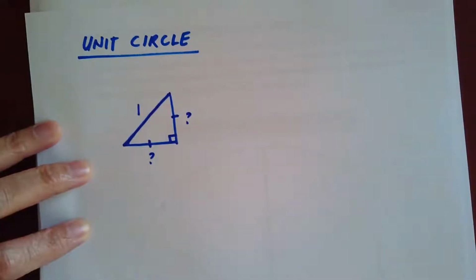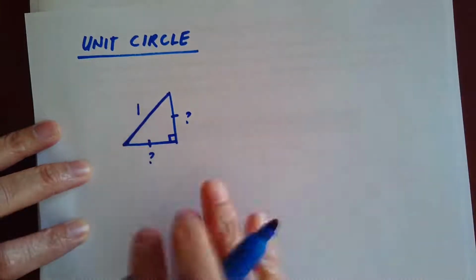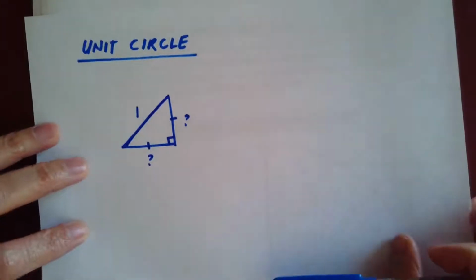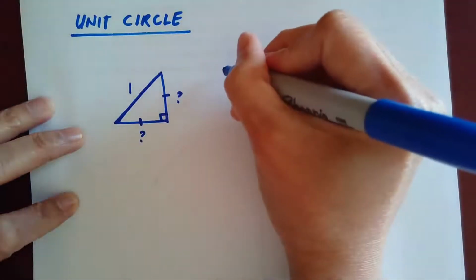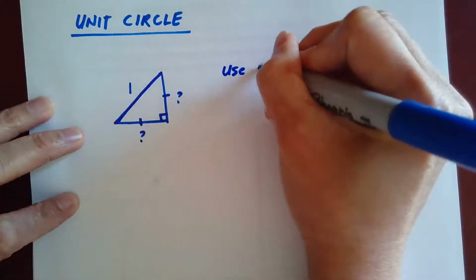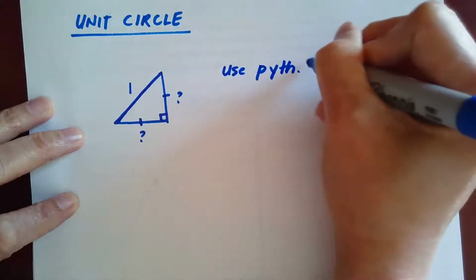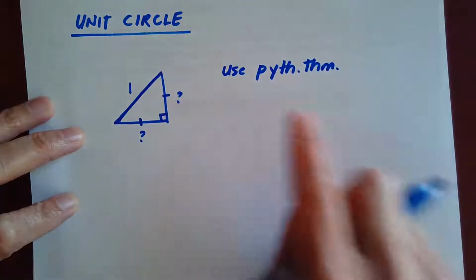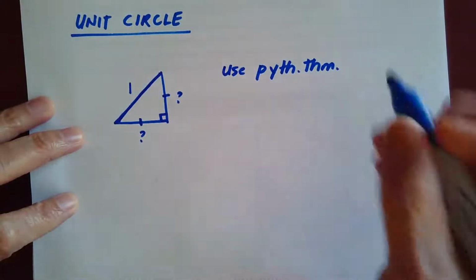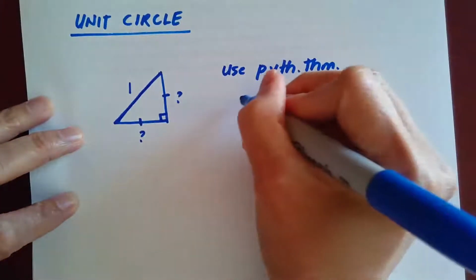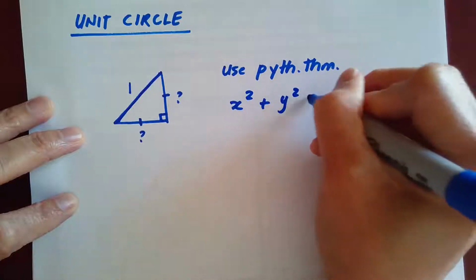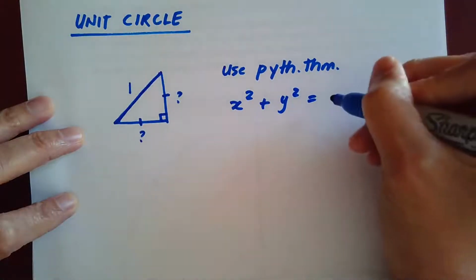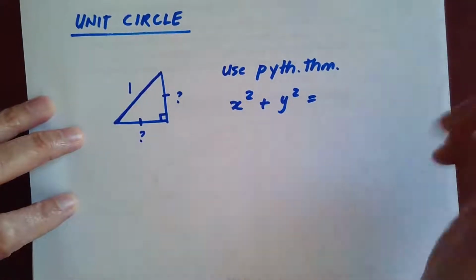I will tie it in with the notes that we have in our booklet. What we can do is use our knowledge of the Pythagorean theorem. In a Pythagorean theorem, x squared plus y squared equals the hypotenuse squared.